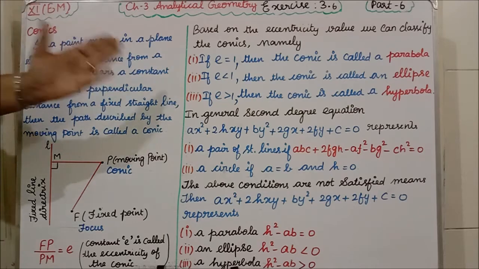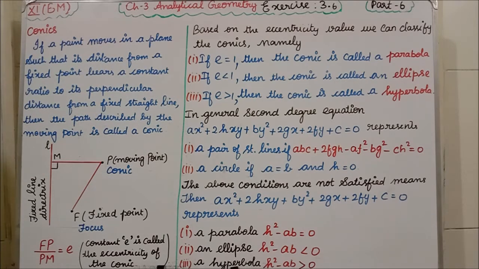Now next, we will see the eccentricity values. Students, based on the eccentricity value only, we can classify the conics. Now you see, these three are new words to you, but I think in 10th standard you learned about the parabola. In graphs you drew one graph, no? That is the parabola.